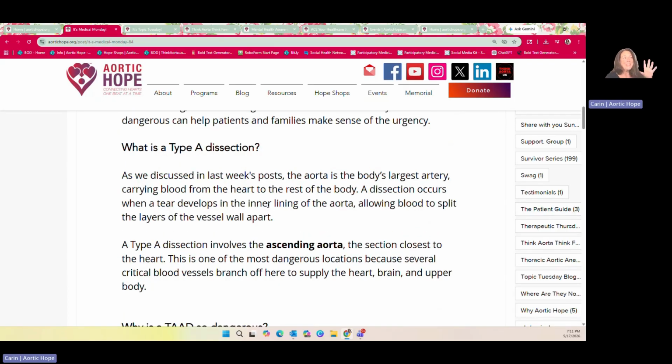So type A is the ascending aorta, strictly ascending. And this is the section that's the closest to the heart. This is why it's one of the most dangerous locations, because several critical blood vessels branch off of the aorta. Really, in that arch, you have 3 main ones, and they supply the heart and the brain and the upper body.